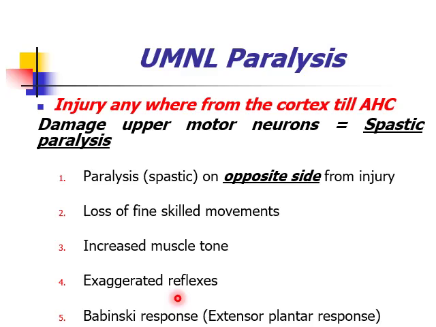In addition, there is one particular sign that is very specific for upper motor neuron lesion, called the Babinski sign. It's an extensor plantar response. It's a reflex that happens in the sole of the foot when I scratch the bottom of the foot, the sole, with a hard object.